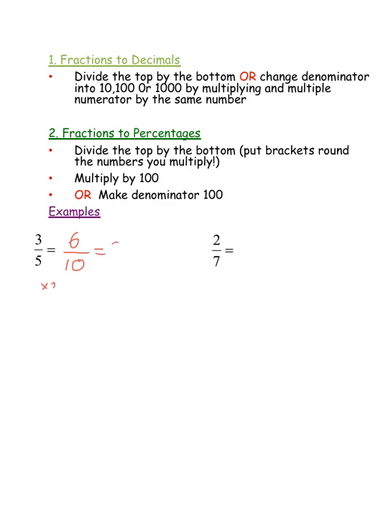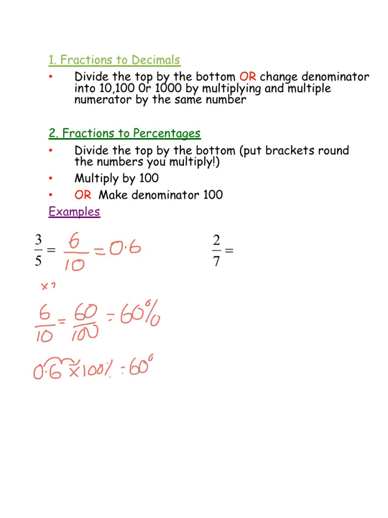And 6/10 I know is 0.6. And 6/10 is also the same as 60 over 100, which is 60%. Or I could take my decimal, 0.6, and we know that changing a decimal into a percentage we can do by just multiplying by 100. So multiplying that by 100 would give me 60%.